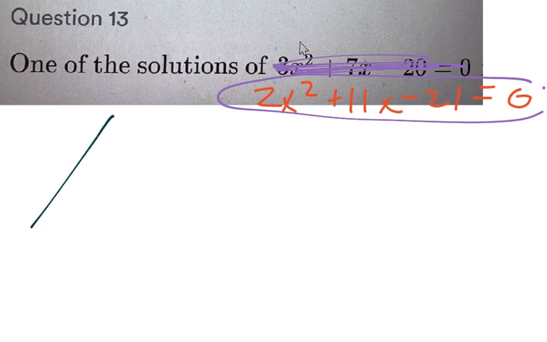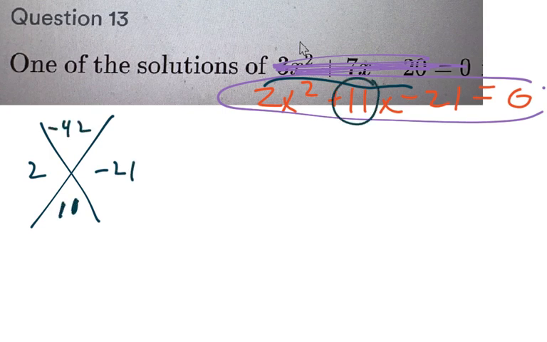I know if I do the x method, 2 times negative 21 is negative 42 with this 11x sum in the middle. Now, since 2 and minus 21 cannot make this 11, I have to do another way of 42. Now, 3 times 14, this is where the calculator may come in, is 42. And I know that 14 minus 3 is 11.